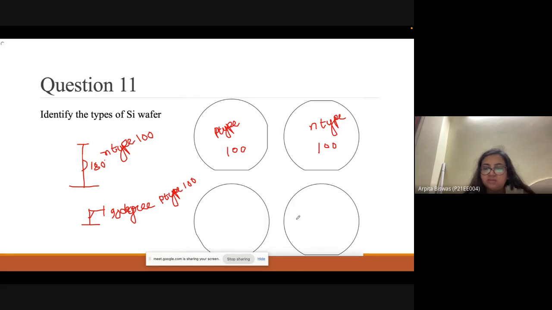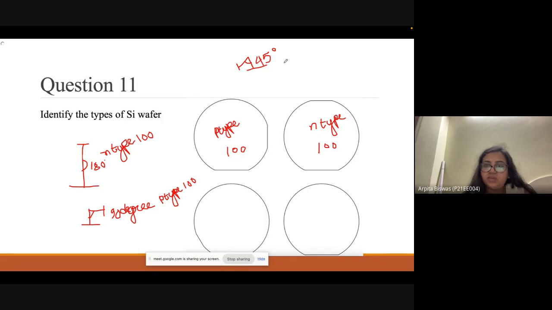Now, if there is a primary cut and the secondary cut is here, and the angle between them is 45 degrees, what is it called?